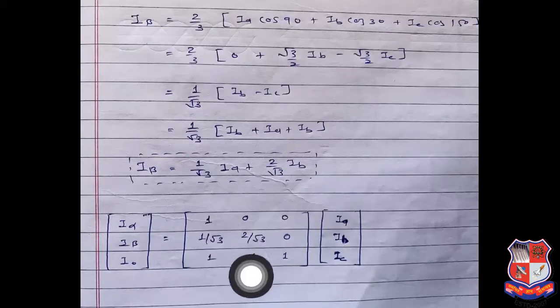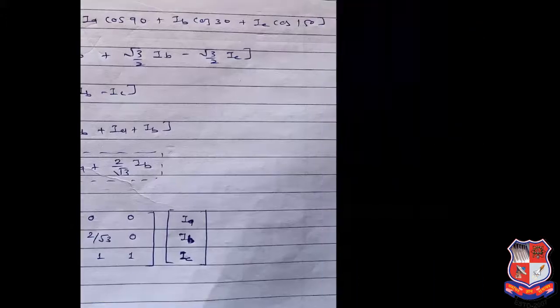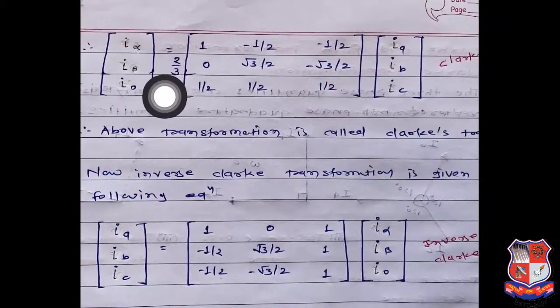So this is the matrix form of the Clarke transformation. Further we can also write I alpha, I beta, I 0 is equal to 2 by 3 common out, matrix 1 minus 1 half minus 1 half, 0 root 3 by 2 minus root 3 by 2, 1 half 1 half 1 half, times IA, IB, IC. The above transformation is called Clarke transformation.